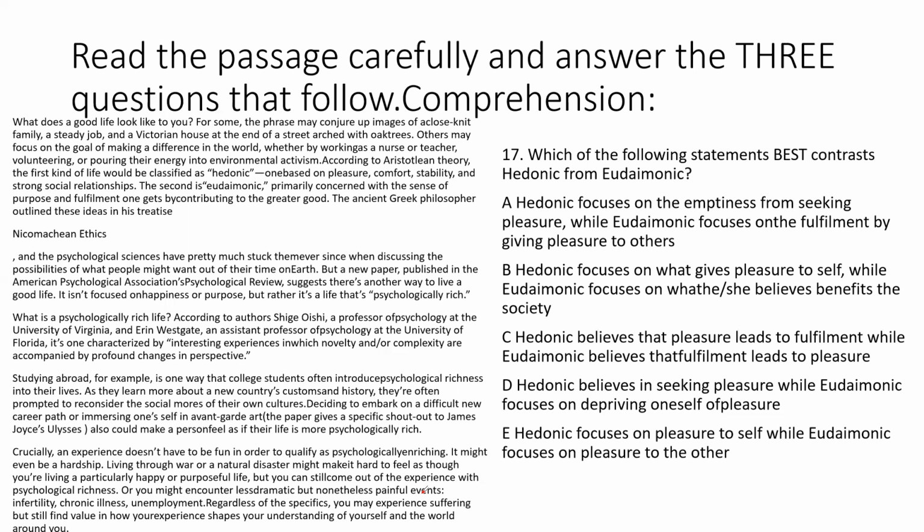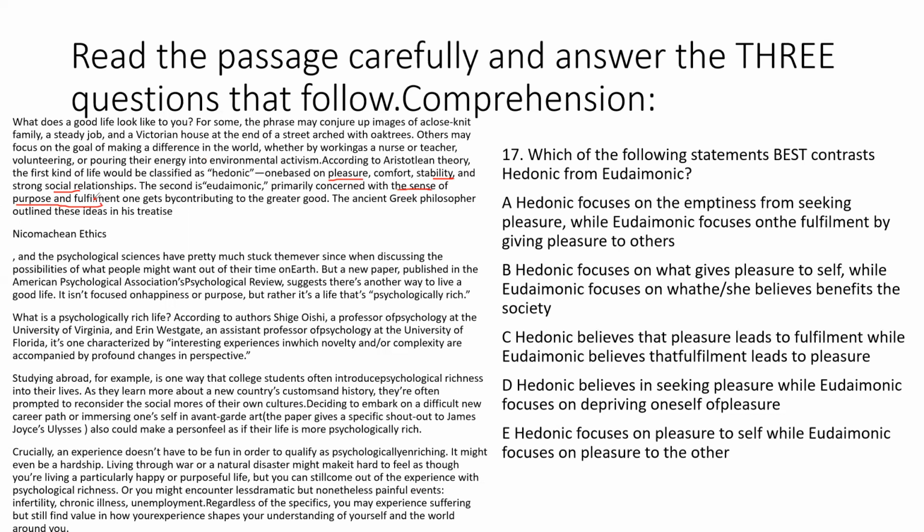If we understand from the first paragraph, the author very clearly stated that hedonic is based on pleasure, comfort, stability, strong social relationships, while the second one is concerned with a sense of purpose and fulfillment by contributing to the greater good. So let's look at the options.